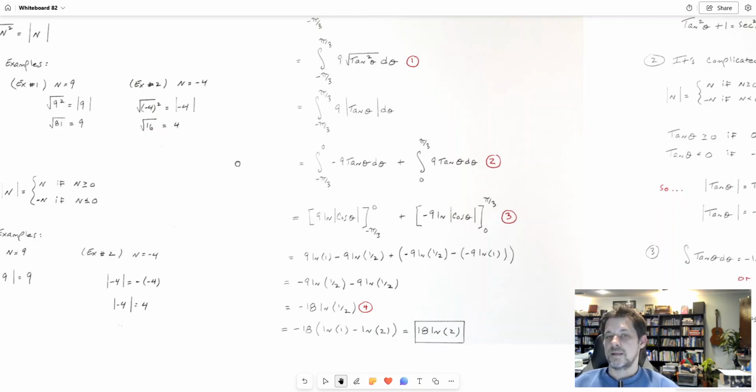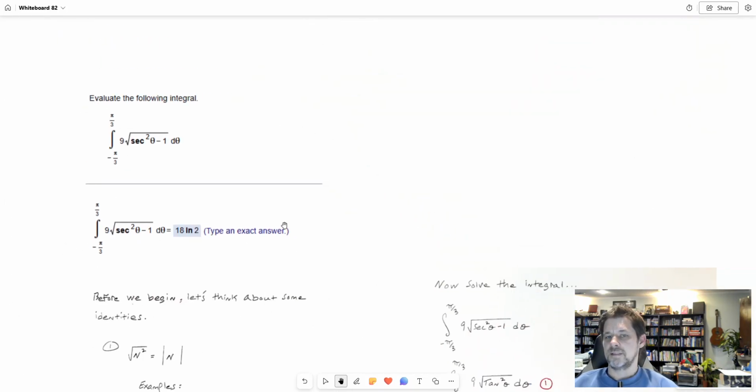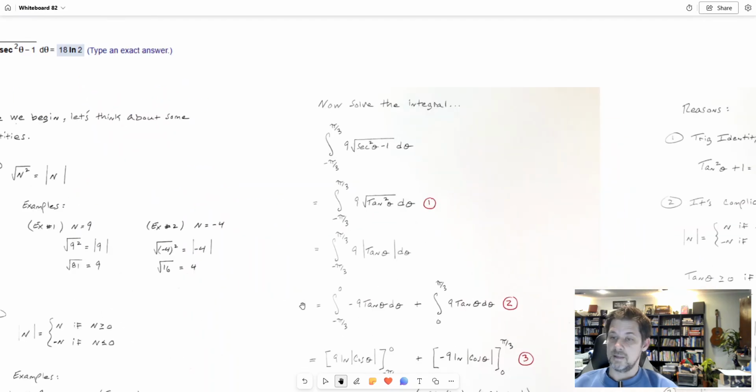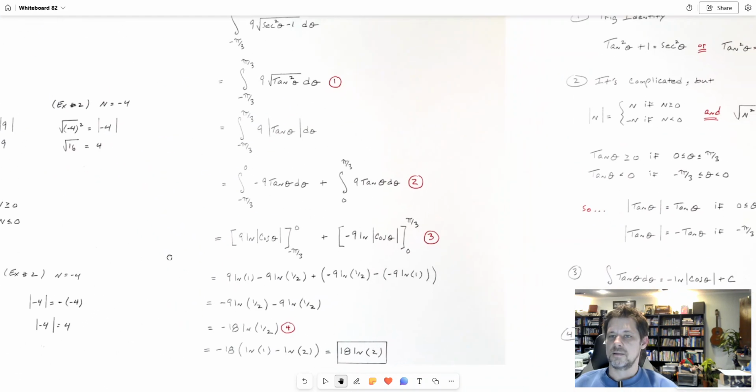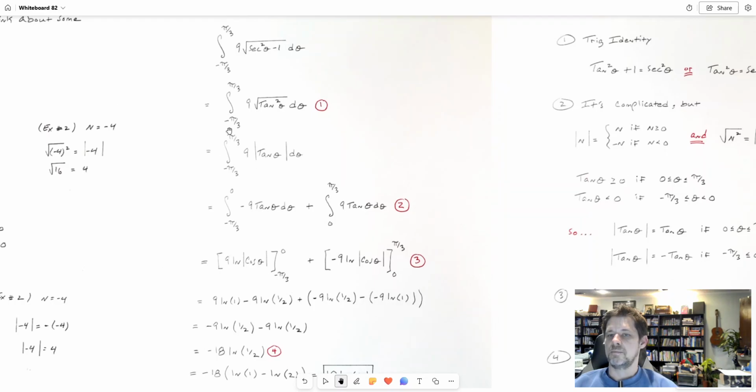Another thing, I mentioned earlier that if you were solving this on my math lab and you use the help feature there, it would show you something a little bit different. What I think you would see there is that we could break this integral down into just going from 0 to pi over 3 and doubling it. It turns out that this function is even, and that's another story that I didn't want to go into right now. The reason is if these bounds were different, that might not be the case.